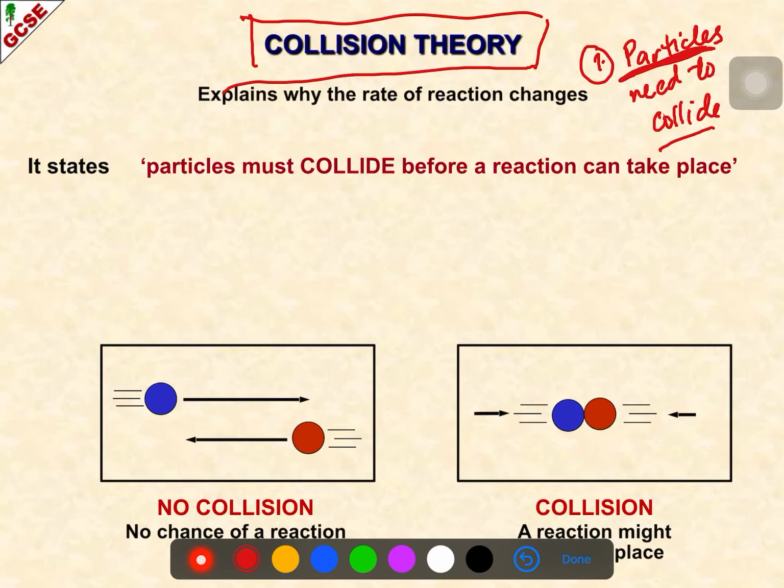Say, for example, A plus B will turn into C. For this reaction to take place, A and B must collide so that they will turn into C. Without A and B colliding, they will never turn into C. That is what collision theory is saying: particles need to collide for a reaction to happen.